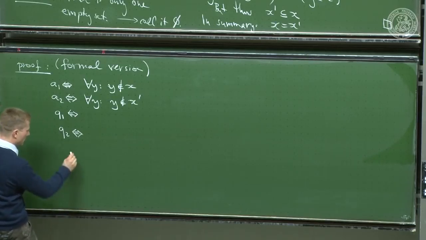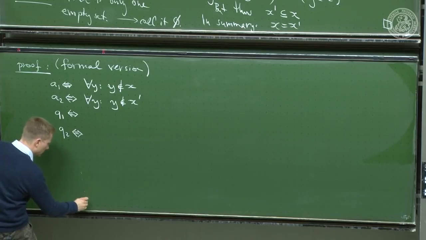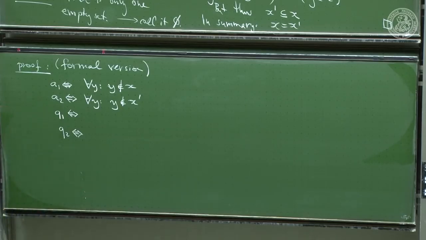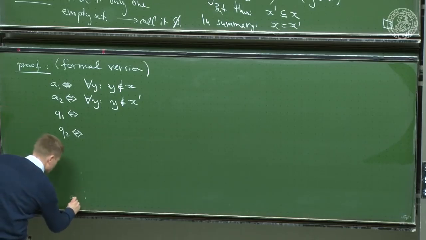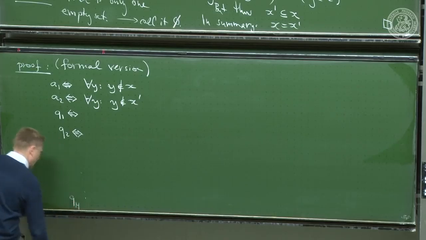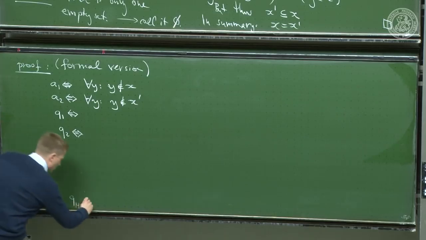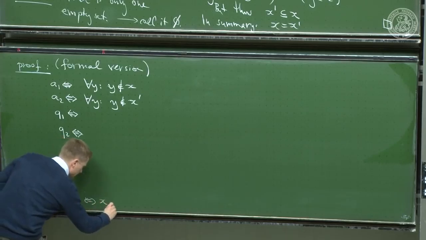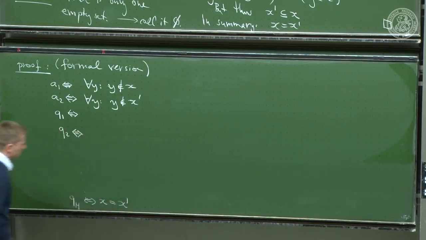And finally, we want to arrive down here at the statement we want to prove. So at some mth step, m to be determined, we want to have the statement that x equals x prime.